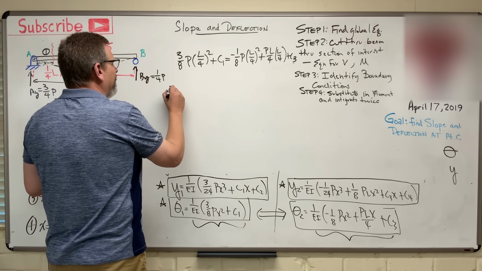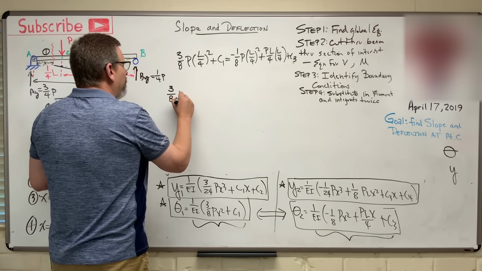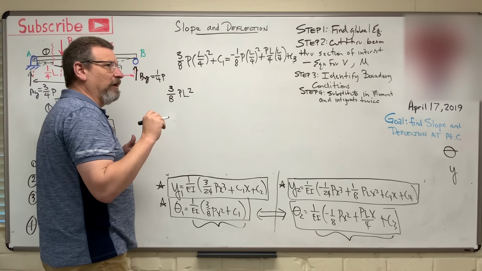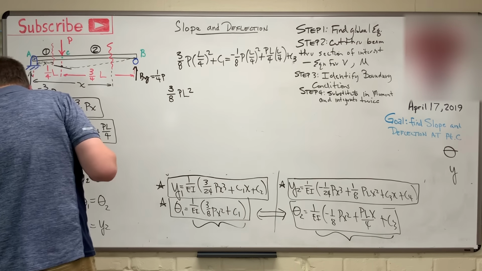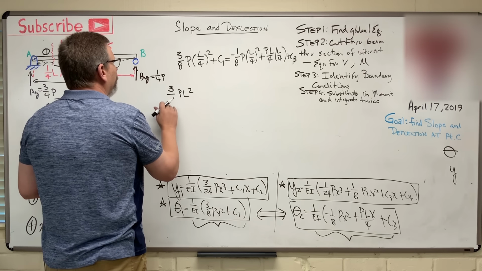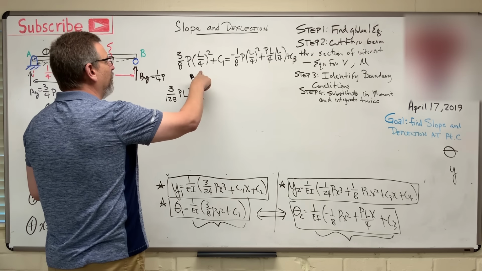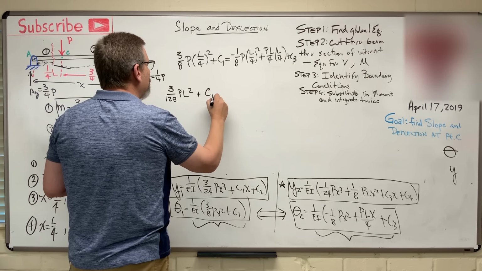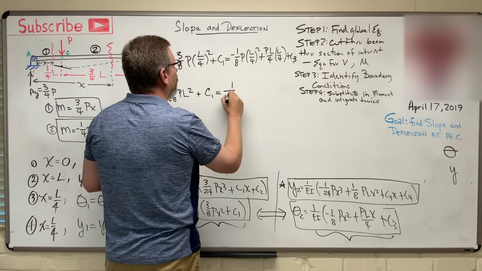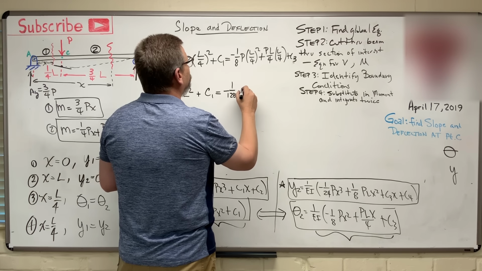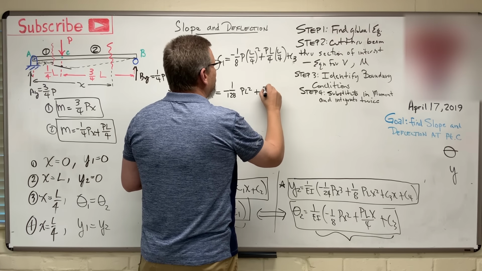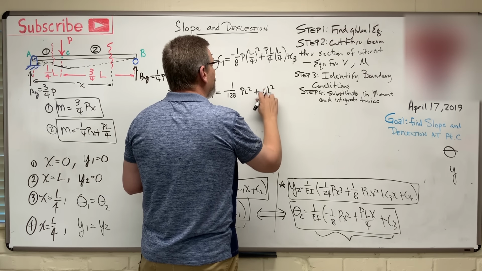We get 3/8 PL squared over 16, and 16 times 8 is 128, so that's 3 over 128 PL squared plus C1 is equal to minus 1 over 128 PL squared plus PL squared times 1/16.